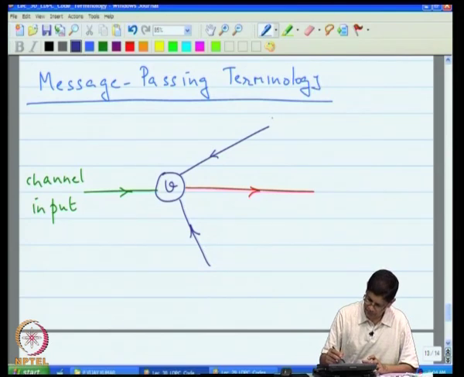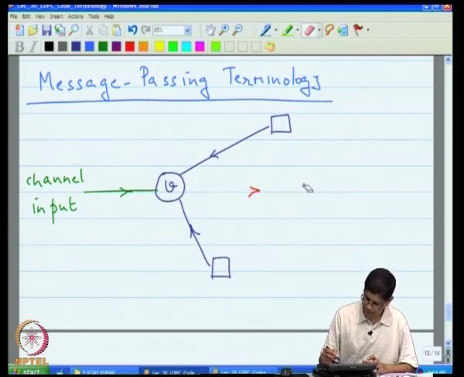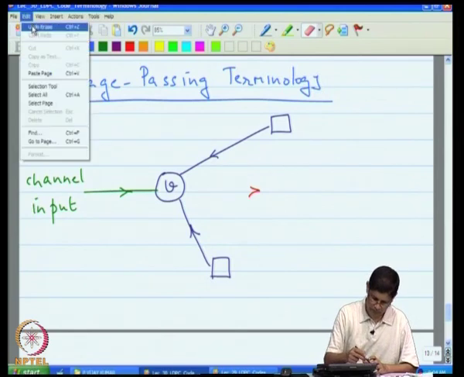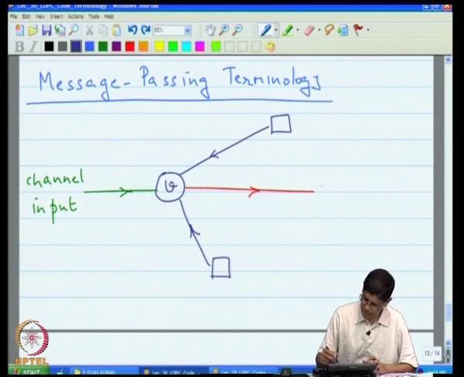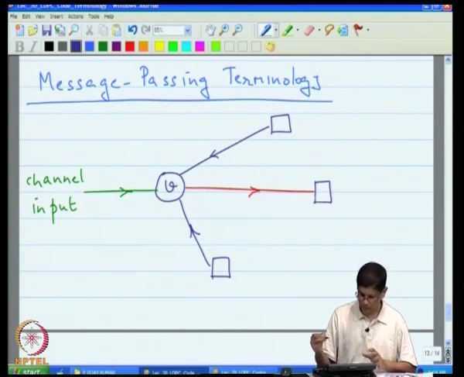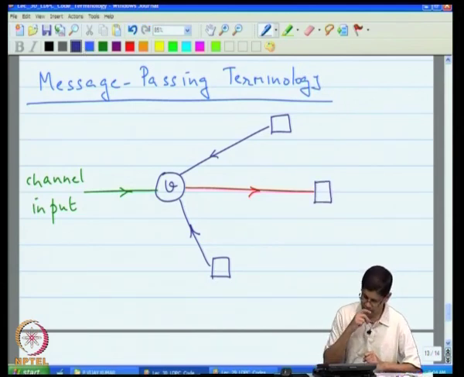So, somewhere over here there is a parity node, there is a parity node, and the message that is going back is also going back to a parity node. Okay.